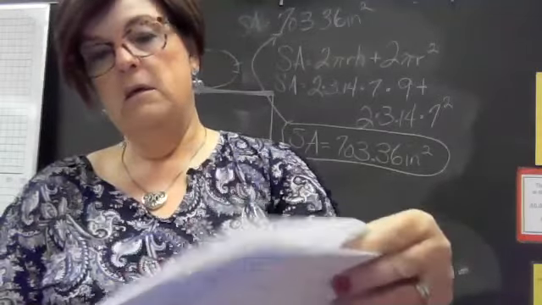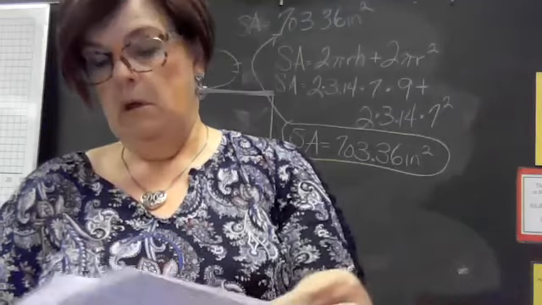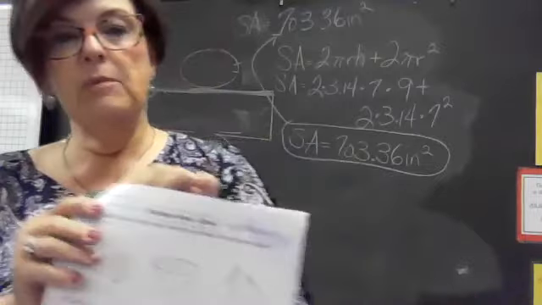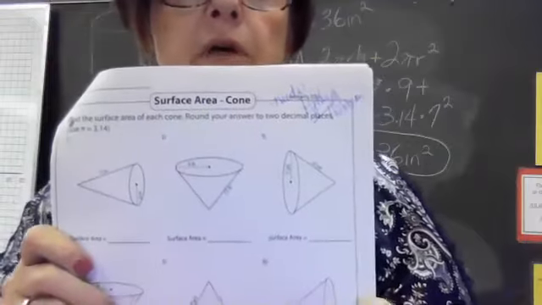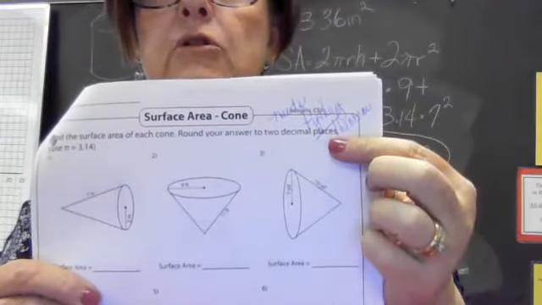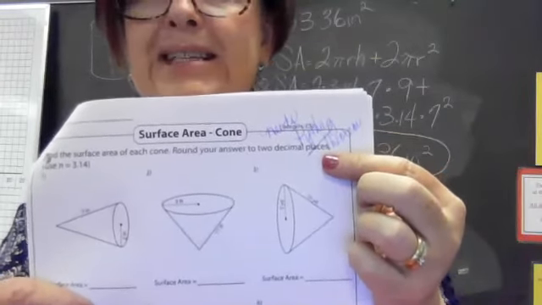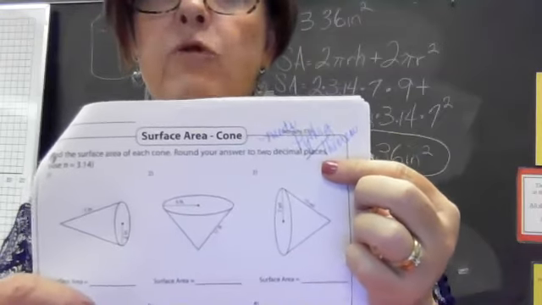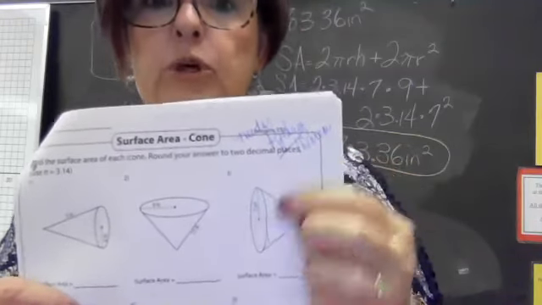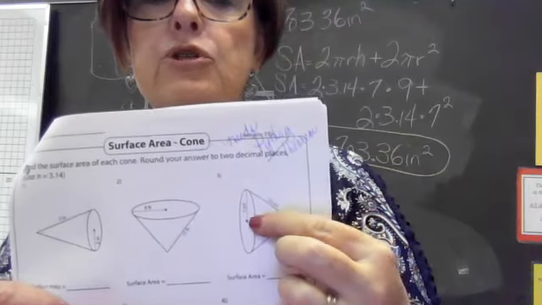Let me see if there's any more omissions. It looks like everything else on page 12, and we'll talk about this tomorrow, but if you get to this page 12, you're either going to need to use Pythagorean theorem again, or if you will notice on your formula chart, there is a formula for the surface area of a cone that uses an S. The S in that formula stands for slant height, which would be this number instead of the perpendicular height that we're used to using.